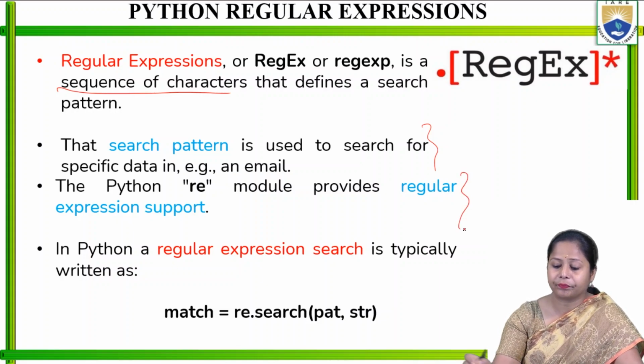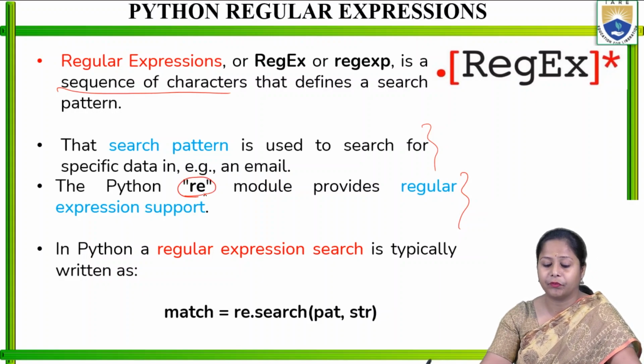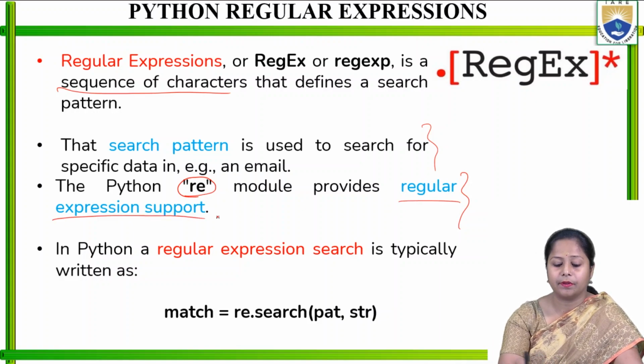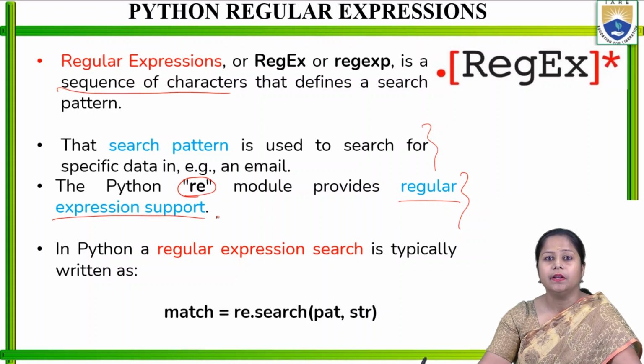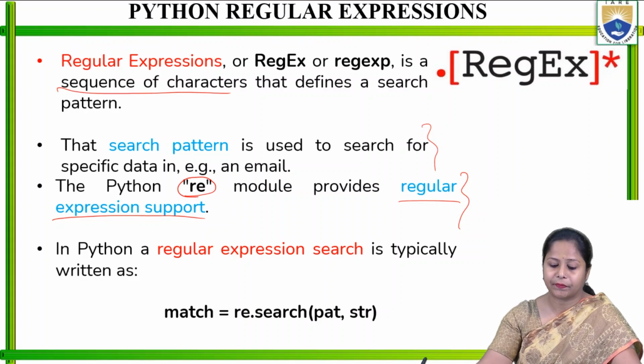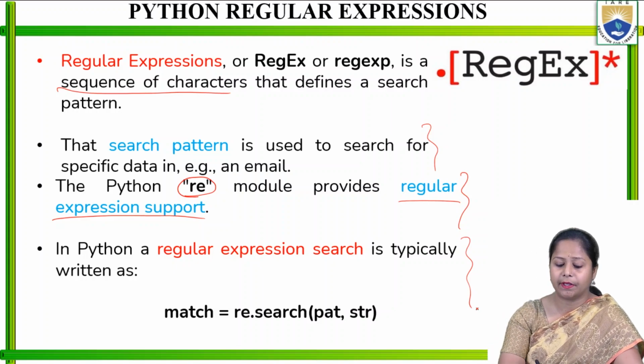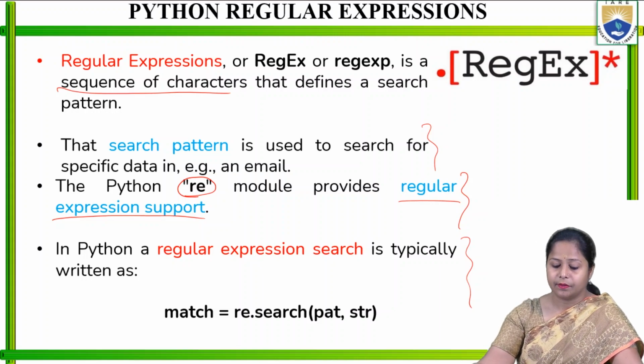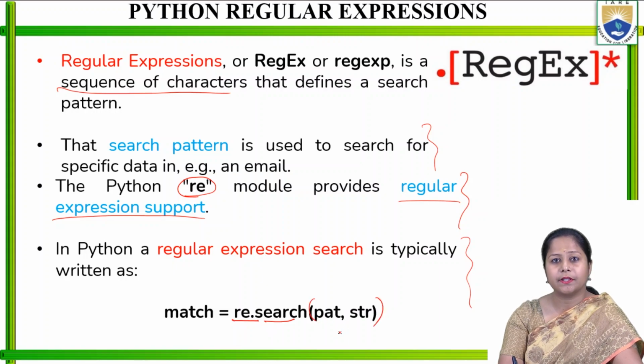In Python, the library re, which stands for regular expression, is a module that gives us regular expression support. So whenever we write Python code, we need to import the re module of the library, right? In Python, a regular expression search is typically written as re.search(pat, str). I save this in a variable, match equals re.search, passing the variables pat and str.